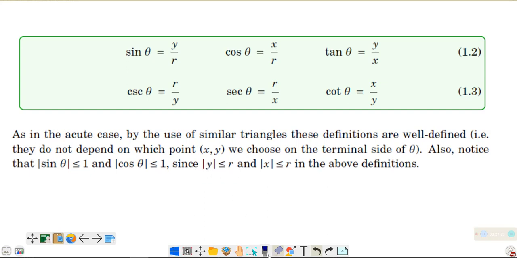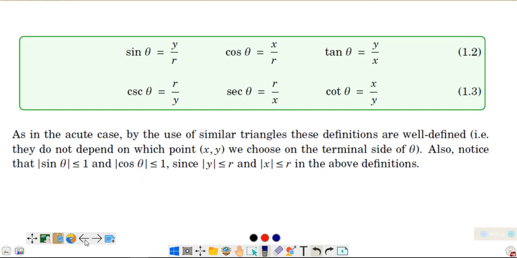So, bakit sinasabi yung ganito? Sabi natin, di ba, similar triangles always have the same trigonometric function values for their corresponding angles.